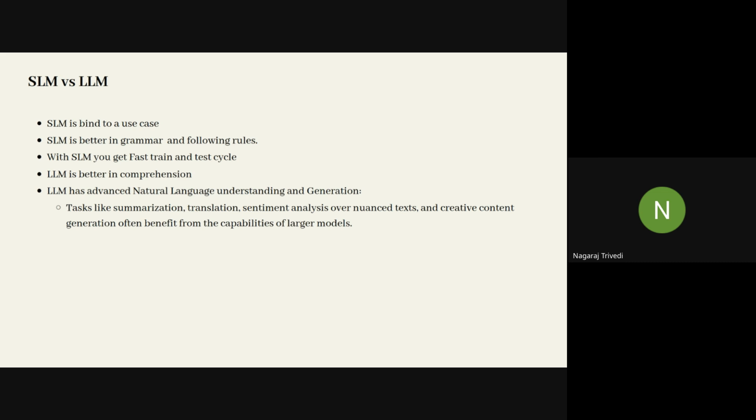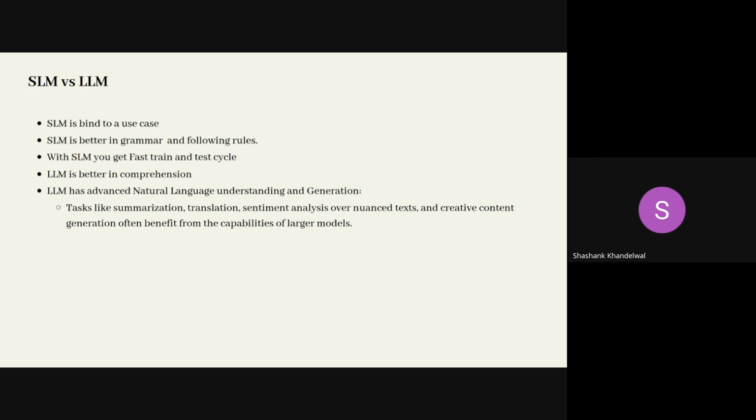Since it is specific to one particular use case, do you see a lot of advantages in terms of infrastructure and effort compared to LLM, in both hardware and software? Yes, definitely. To teach these LLMs we need something like 10 encyclopedias, while an SLM can be taught in just one.